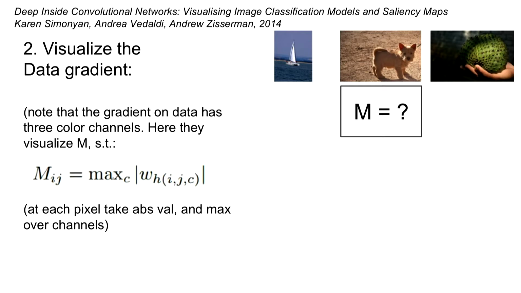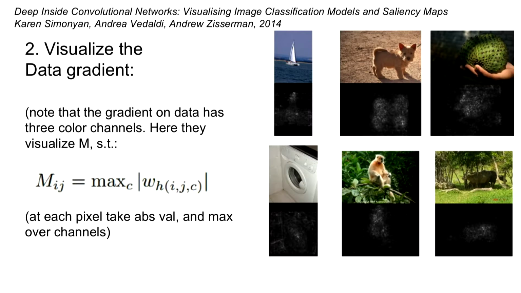How does the gradient affect the output? If you take a few images and look at their effect on the output, you can see for the sailboat, there's a cluster of white or nearly white pixels that have the strongest gradients on the output. Similarly for the dog and for that fruit and some of the other images.